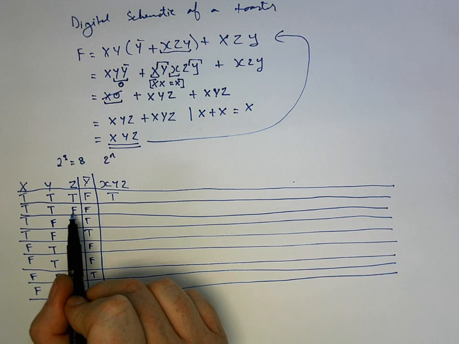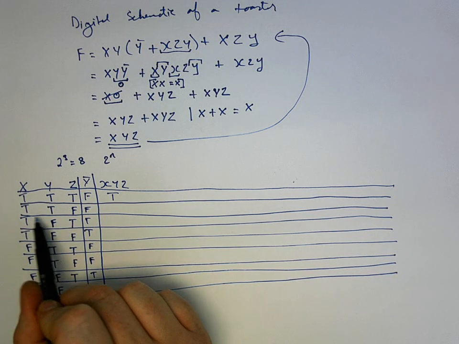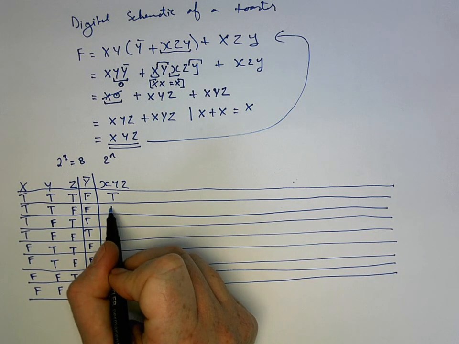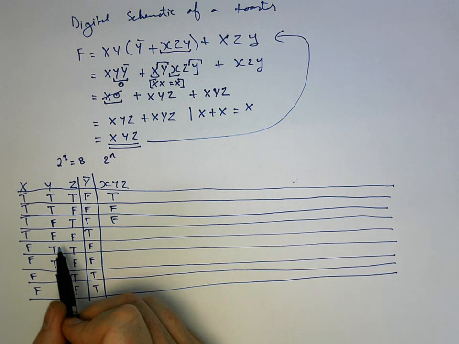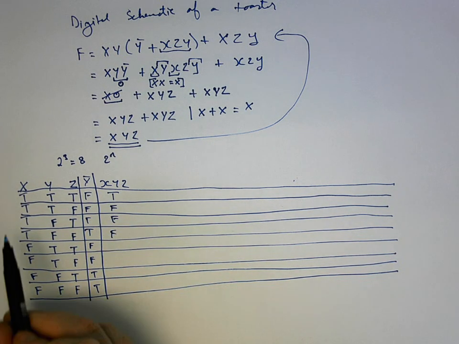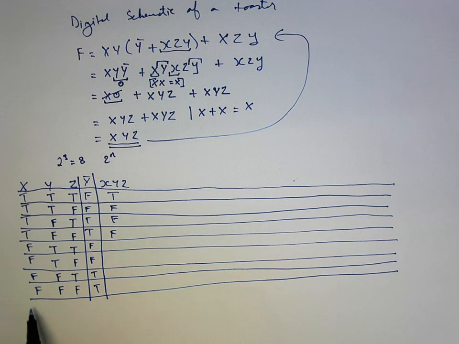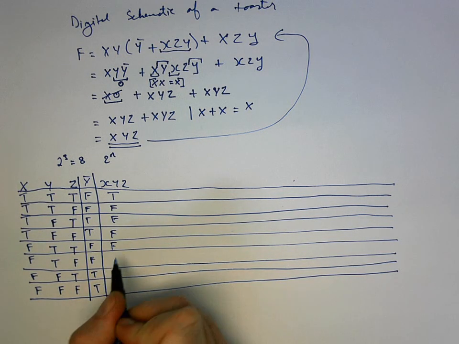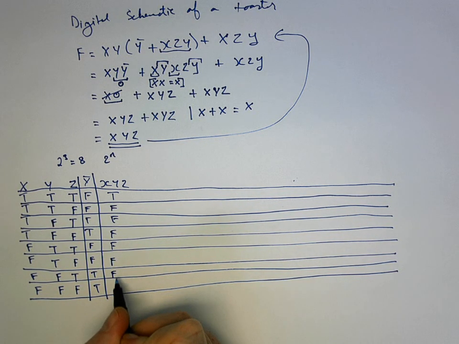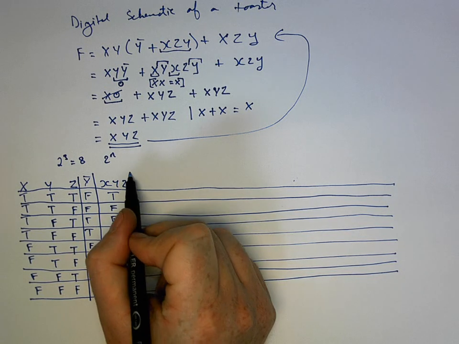So if we see here, we've got a false within these 3 categories, so that automatically means the whole expression is going to be false. We have a false on the next line, and a false on the next line, and if we look at x, the last 4 are all false, so false and anything else is going to give us a false, and that applies to the last 4 rows. So that's that expression there.